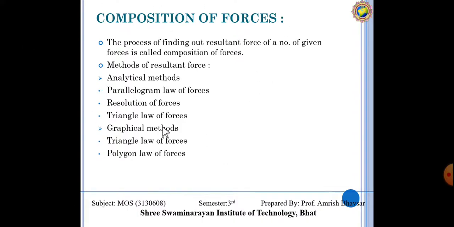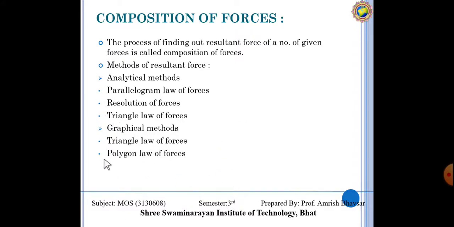Now composition of forces, this is most important. Which methods are used for finding the resultant force? There are two methods: first analytical and second graphical. In the analytical method, there are three methods: parallelogram law of forces, resolution of forces, and triangle law of forces.